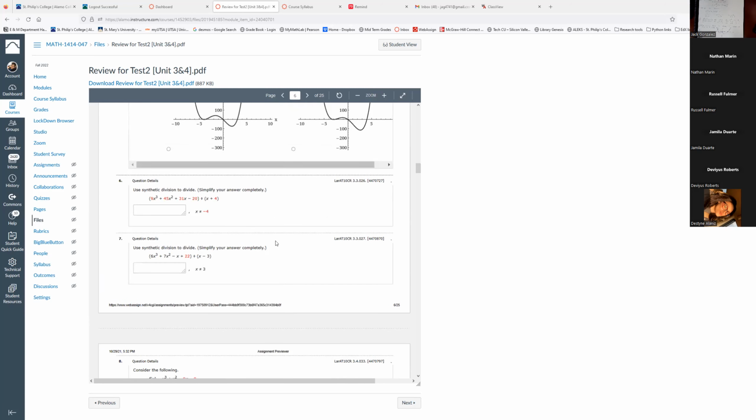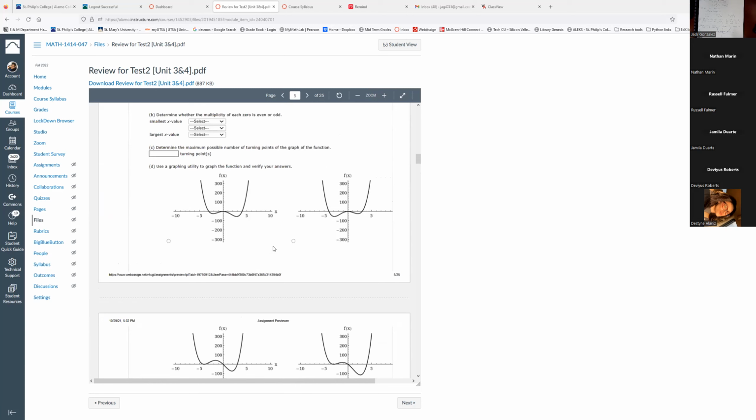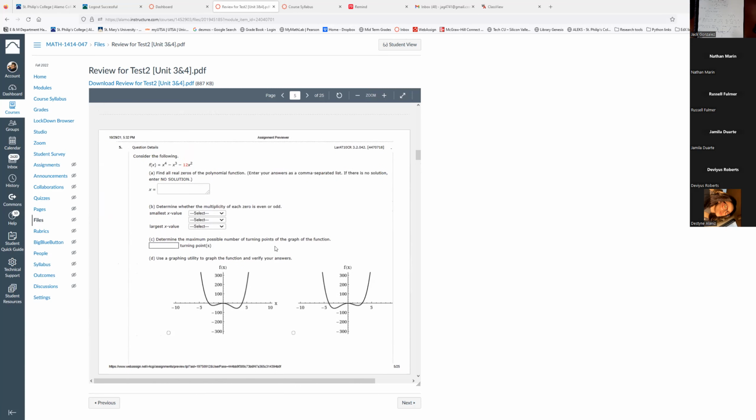I have a question for part B. When you get the multiplicity, is that just the power? Yes. Multiplicity means how many powers are on your 0, because it's a multiple. It's the same 0 being repeated. That's why they call it that. But that multiplicity also determines if it's gonna cross.